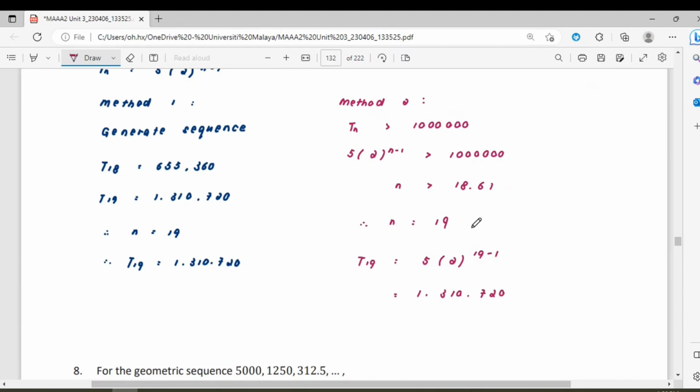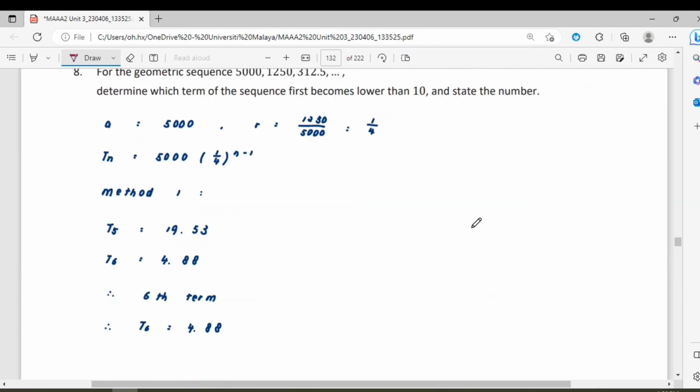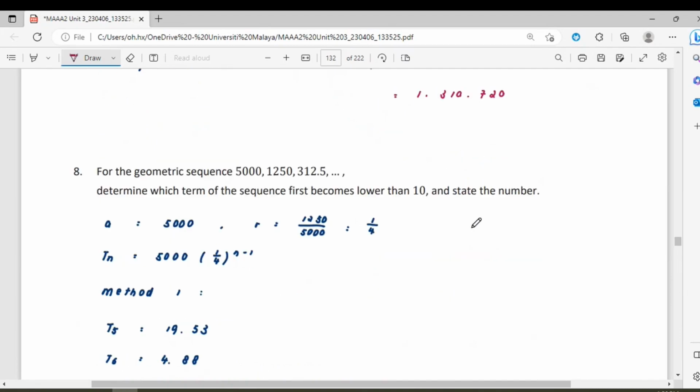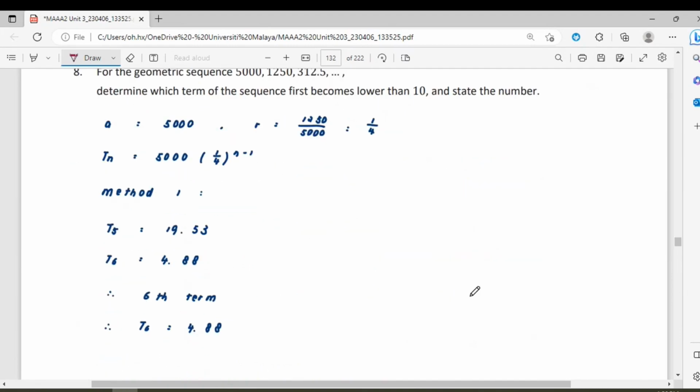Okay, so for question 8, this is going to be very similar to what we have for method 2 as well. The only thing is about the sign here. Same thing, method 2. I am getting the term which becomes lower than 10. So when we are doing this, we are going to have A, R to the power of n minus 1 less than 10.